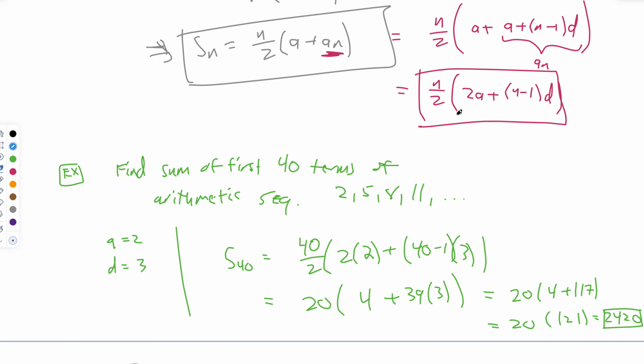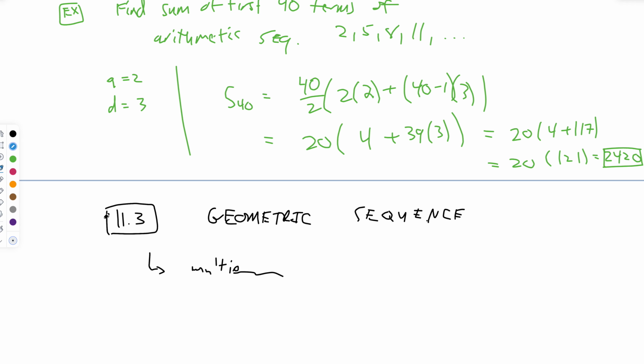All right. Now, from here, we can also talk about our geometric sequences. I didn't go too much into this yet, but let's take a look at them. With geometric sequences, I want us to think back to what we saw with the arithmetic.